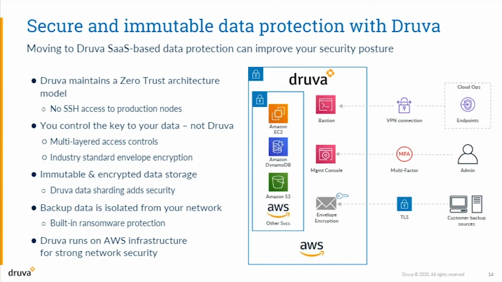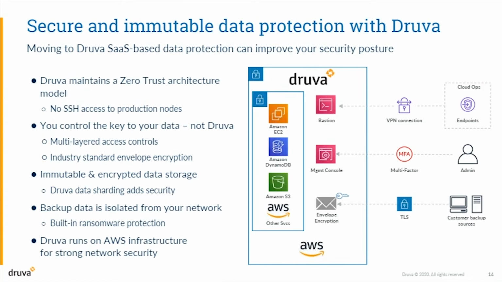We add data sharding on top of that, so it further obfuscates the data that you have. And really, there's no way to access those blocks. They're not related to anything because the metadata and the data are separated. And the only way to access that is through the Druva application. So there's really no other way to access that data.